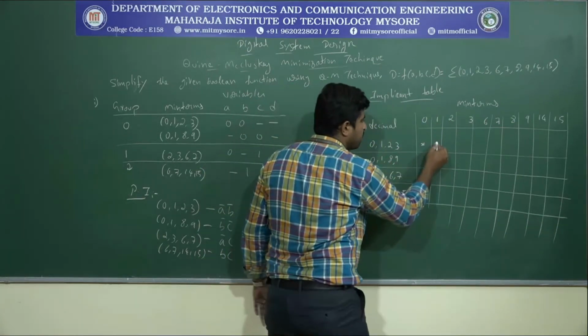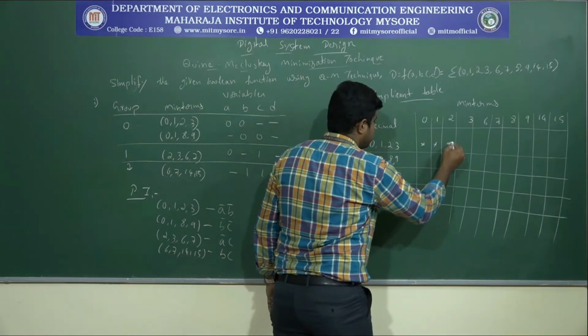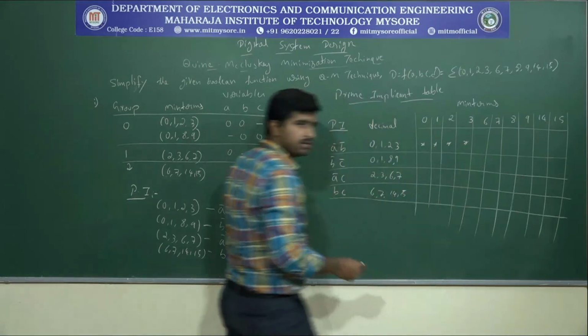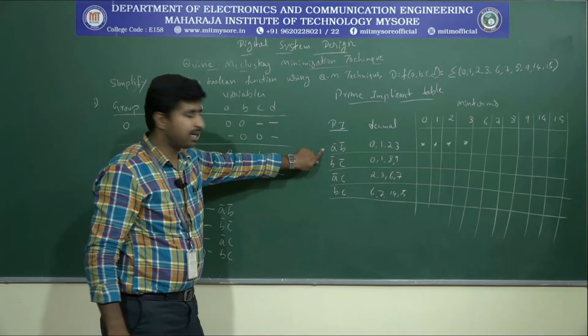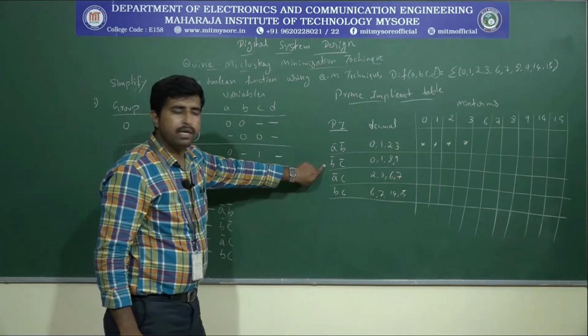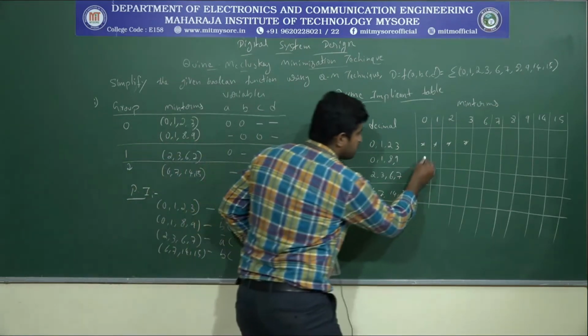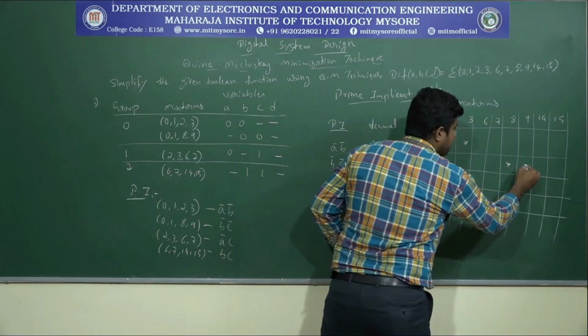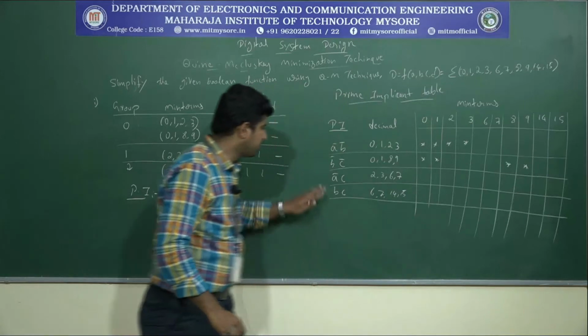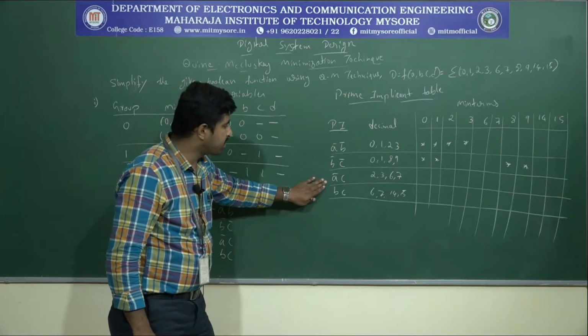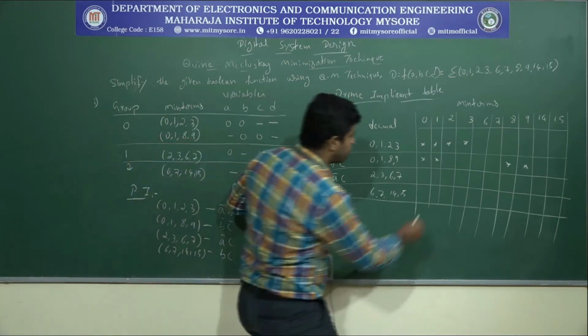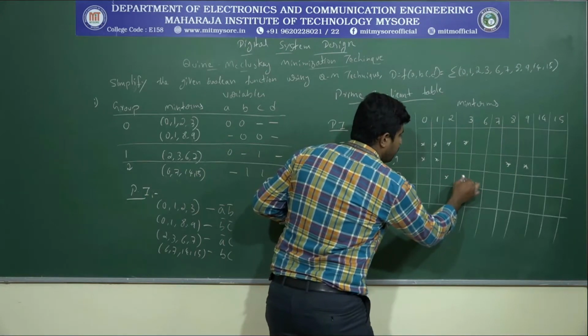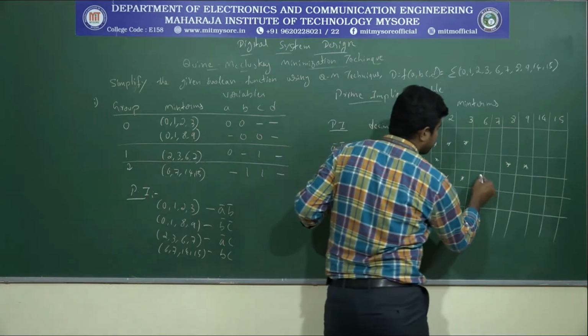So 0 is covered here, 1 is covered, 2 is covered, and 3 is covered by the prime implicant A bar B bar. Next, the prime implicant B bar C bar covers 0, 1, 8, 9. Next, the prime implicant A bar C covers 2, 3, 6, 7.